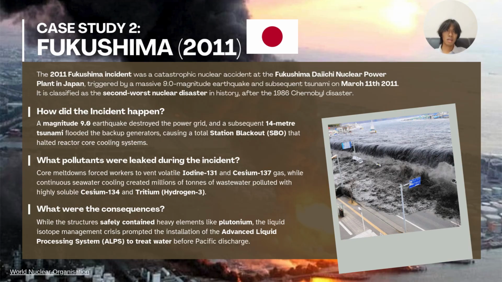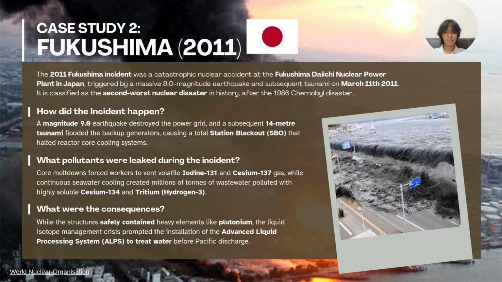The core eventually melted down and the workers were exposed to the volatile gases of iodine 131 and cesium 137. These gases contain radioactive characteristics, and they caused the workers to fall sick afterwards, and many of them unfortunately passed away.